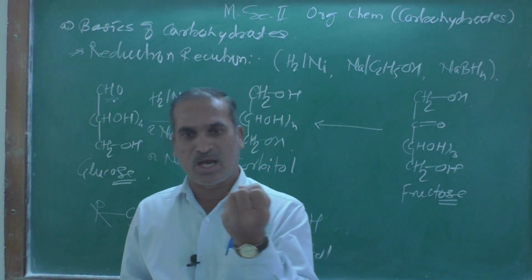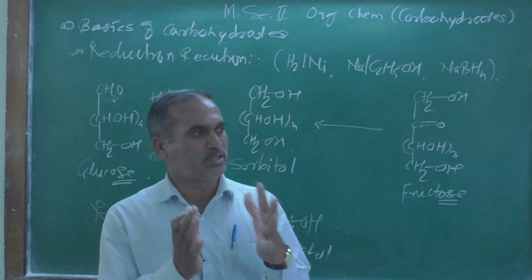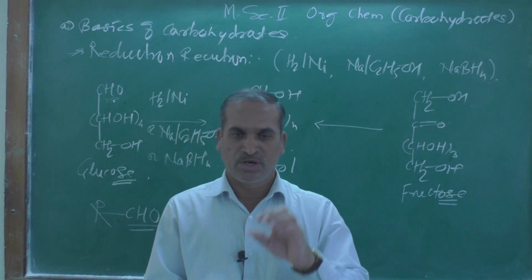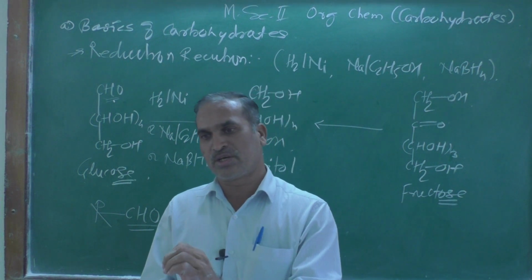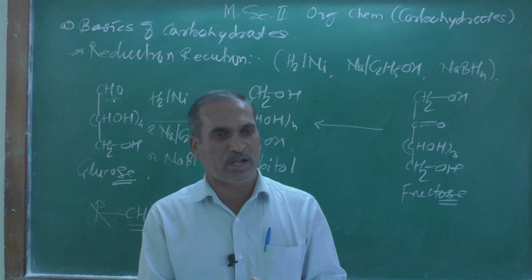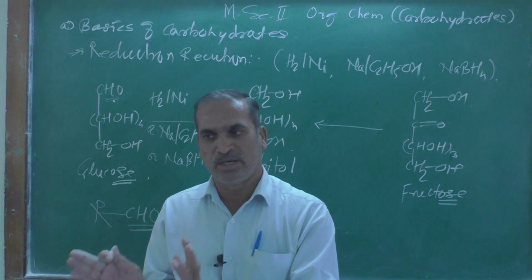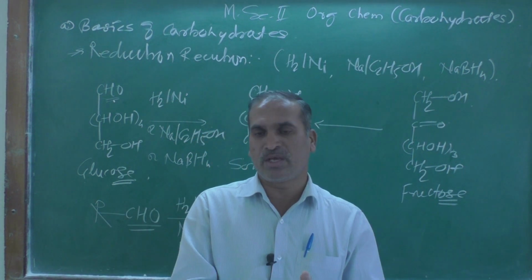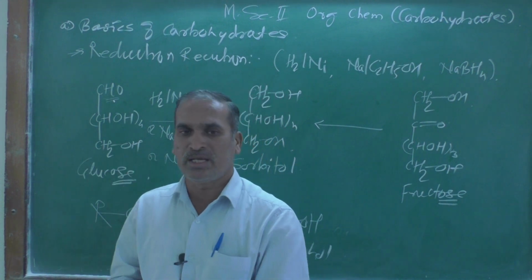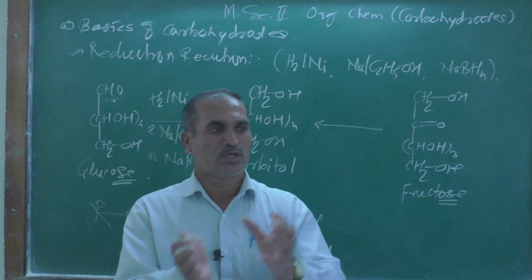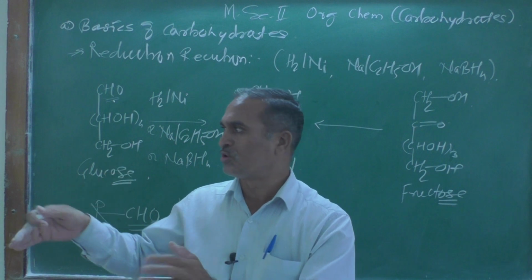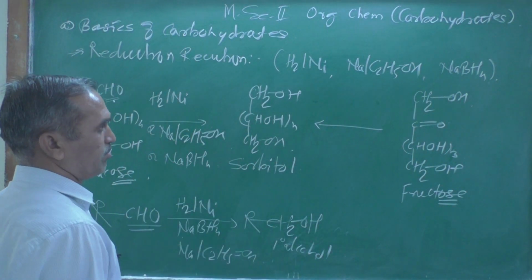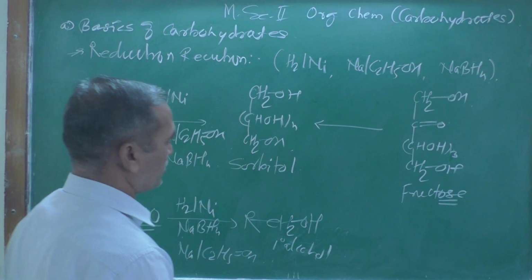Glucose crystallizes out first, and then just ordinary filtration. Filtration is a technique which can separate solid from liquid, and therefore in this way we can easily obtain glucose and fructose by the ordinary filtration method.